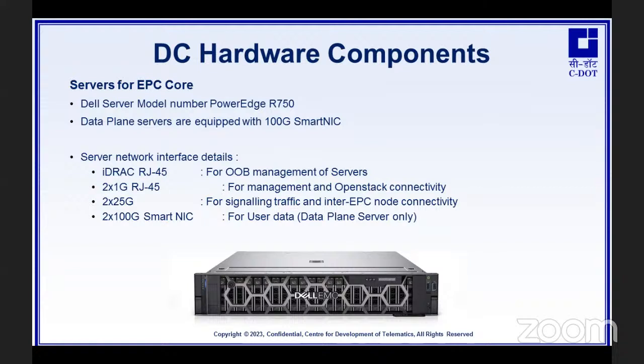This 2 x 1G is required for management purposes. It is not for data flow. For accessing Kubernetes or OpenStack, we need the management connectivity. At mini DC also this is required. So for accessing or configuring anything, we need the iDRAC and 2 x 1G RJ45.